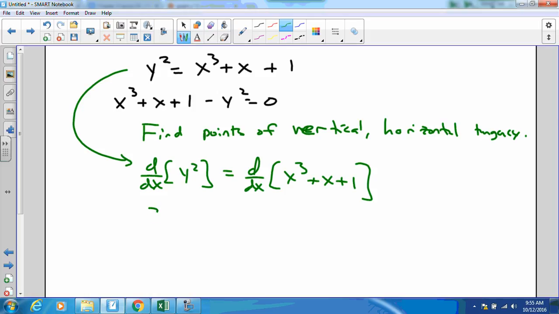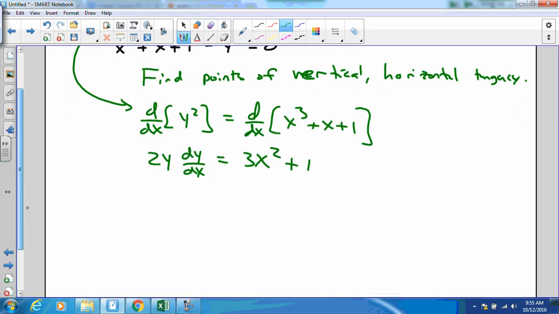On the left-hand side, on the right-hand side, like so. And this gives us this. Now if we want horizontal or vertical tangency, I see where I messed up. I wanted subtraction to begin with. That's okay. We'll come back and do it again tomorrow.